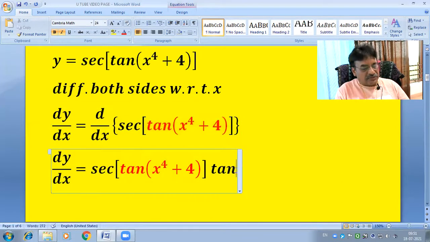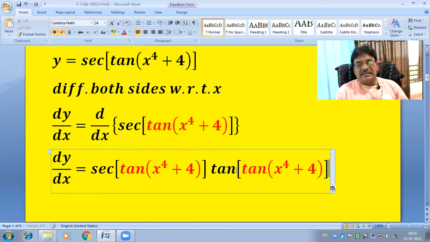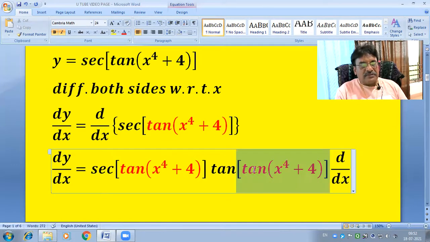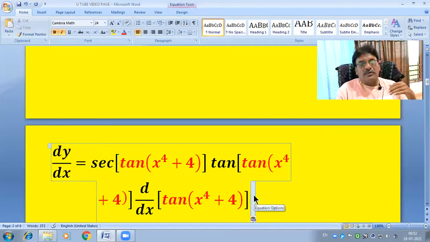So sec of tan x to the power 4 plus 4 into tan of x to the power 4 plus 4 into f dash of x, that is into d/dx of tan of x to the power 4 plus 4.